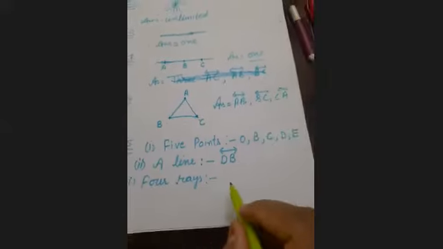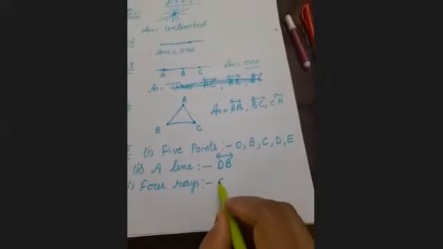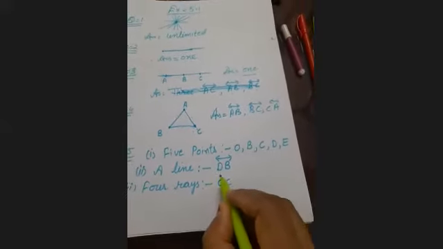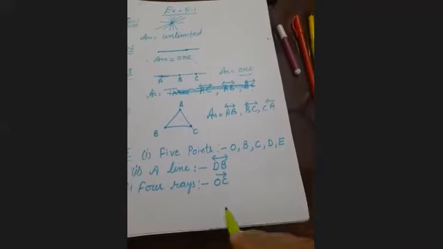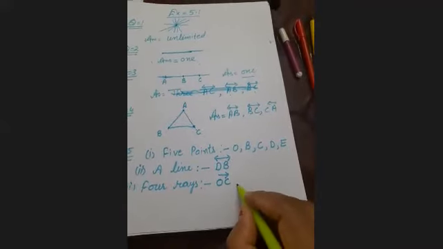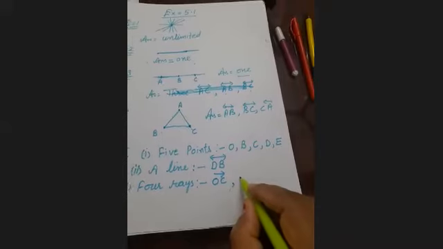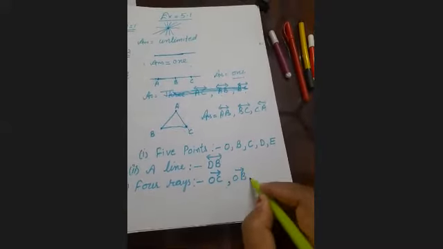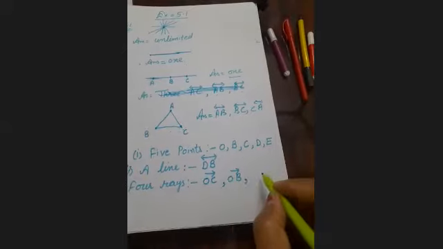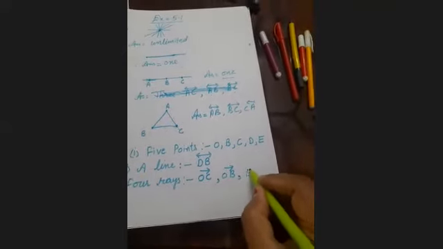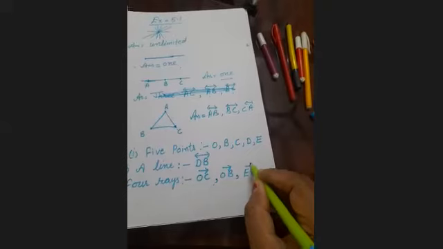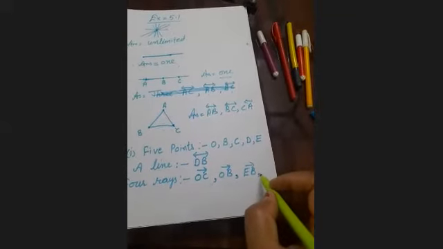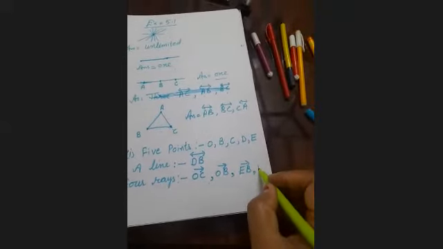First we'll write OC. The first ray is OC. Write the ray as OC, OB, EB, and DB.